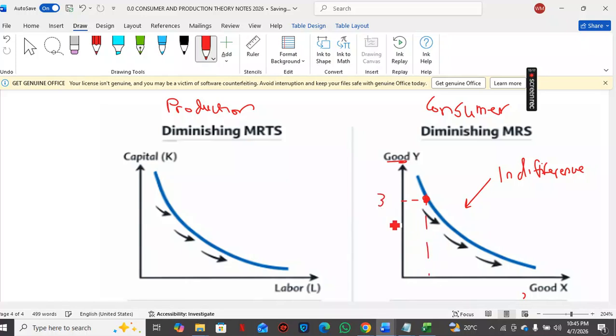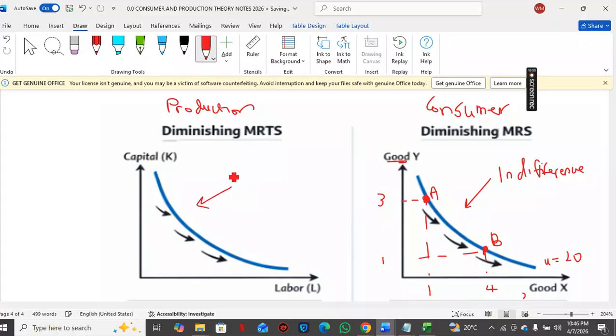So for example, if you have 3 units of good Y and 1 unit of good X, let's say in this case your satisfaction is 20 utils. So you can either have 3 units of good Y and 1 unit of good X, or if you want, you can have 1 unit of good Y and let's say 4 units of good X. So whether you're at point A or at point B, your satisfaction, your utility is going to be the same. Okay, that's what an indifference curve tells us.